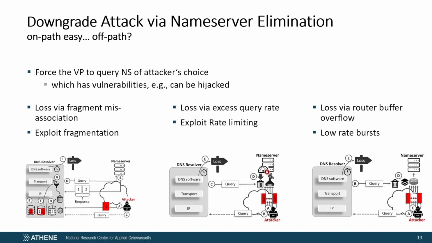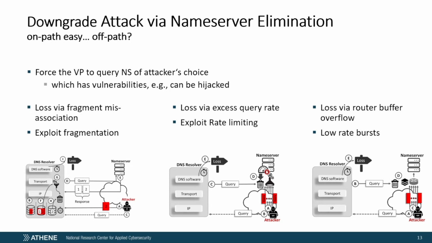So I'll show you 3 methodologies to do that. One methodology is low rate elimination. It is generic and applies to any domain and all name servers without assuming any properties. It is illustrated on the right of this slide. The idea is to send bursts to the router that connects the network of the name server to the internet. The traffic bursts never reach the name server network; they arrive at the router, they fill the buffer, and they cause subsequent packets to be dropped.